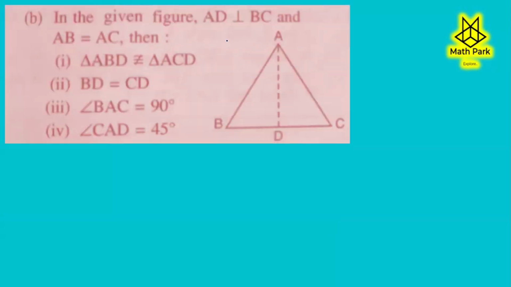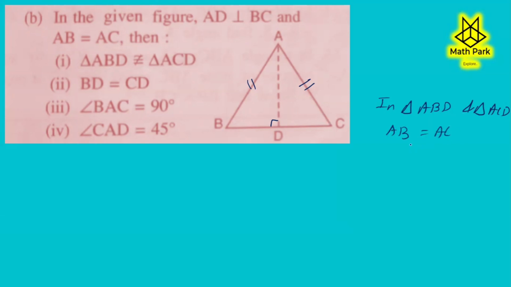B part, in the given figure, AD is perpendicular to BC, so this is 90 degrees, and AB is equal to AC. Then ABD is congruent to ACD is not possible because these triangles are going to be congruent. So let us take triangle ABD and triangle ACD. You already have AB is equal to AC, which is given.